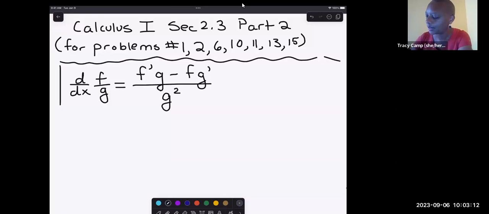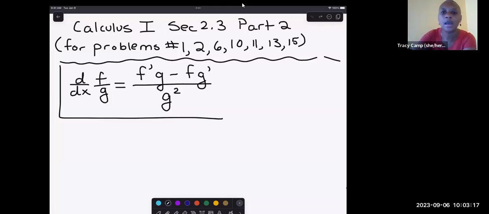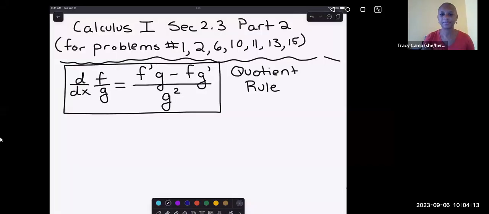This is referred to as the quotient rule, and we're going to practice using it.